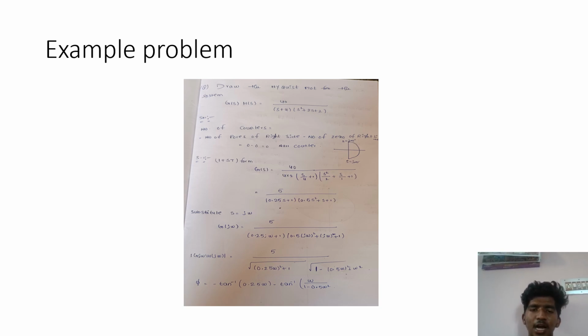Apply the modulus: |G(jω)H(jω)| = 5 / (√((0.25ω)^2 + 1) · √((1 - 0.5ω^2)^2 + ω^2)). The phase is φ = -tan^-1(0.25ω) - tan^-1(ω / (1 - 0.5ω^2)).